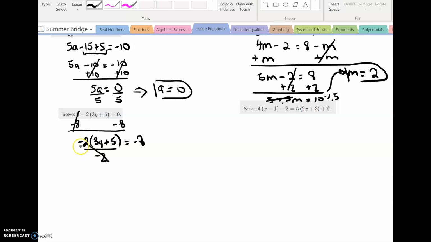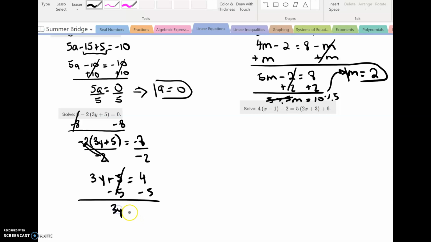The 2's cancel, the negatives become positive, and I'm able to divide that negative 8 by 2. So here's where dividing first would actually work out. Could you distribute? You absolutely could as well. So again, there's more than one way to get to the same place. I'm going to subtract 5 next. 5's cancel out.